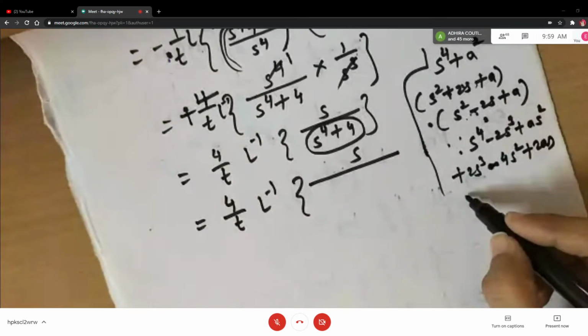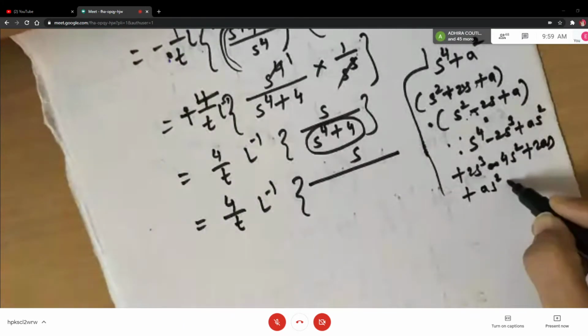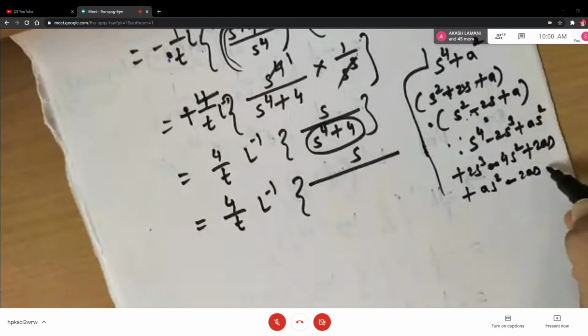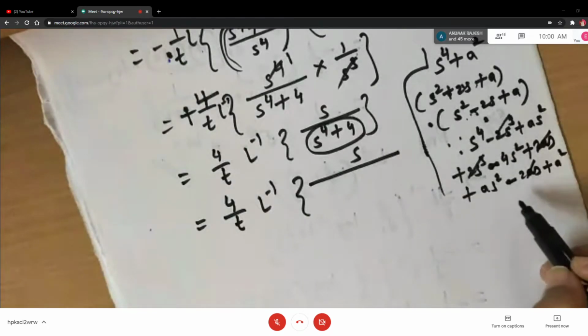And third term multiplication as square minus 2as and plus a square. So see what is happening, students, here. Minus 2s cube plus 2s cube will go. Then plus 2as minus 2as will go. Okay. And what is this sign?